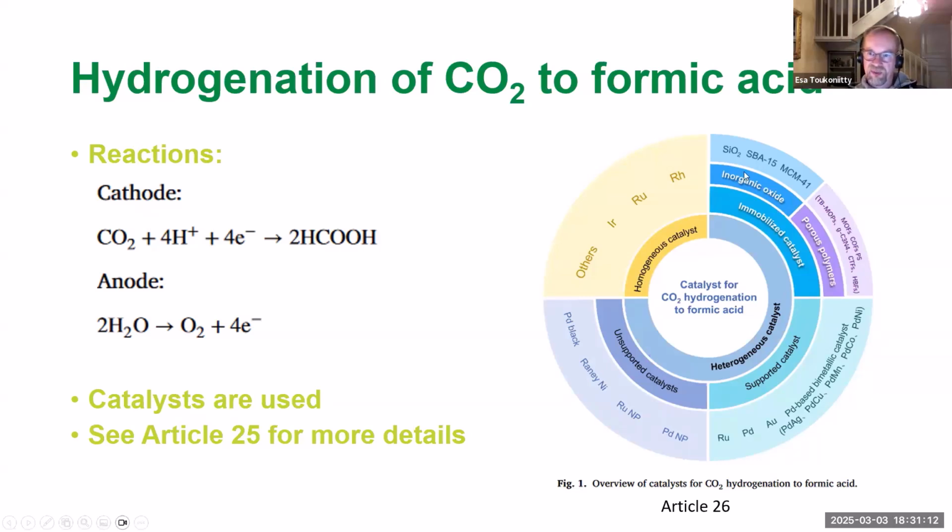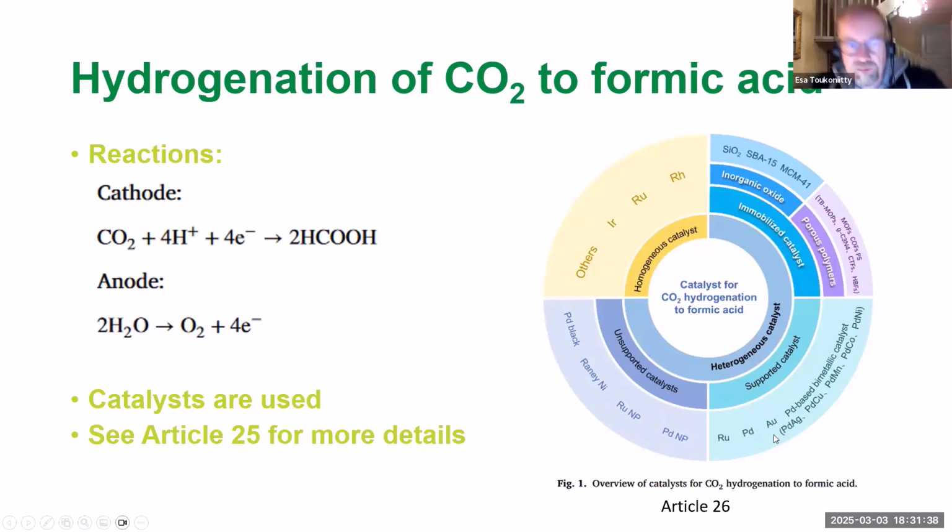So then if you expand on this circle, you'll see lots of different types of catalytic formulations. You also see very many metals being mentioned here. Usually the metals are the actual catalytic active site. Here are some noble metals, also nickel and so on.